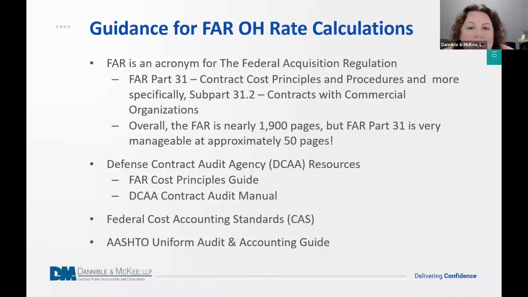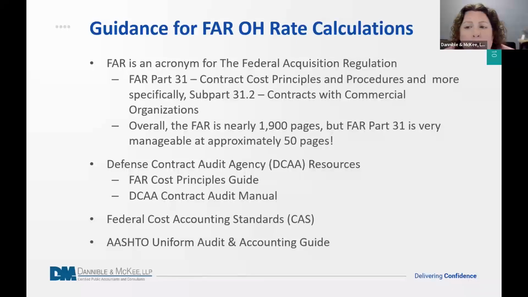So the biggest piece of FAR that you're going to want to read for yourself is FAR Part 31. That's really the cost principles that are going to be directing you as part of this FAR audit. The FAR in itself is 1,900 pages. It's a tough read. Don't expect that you'll read that.